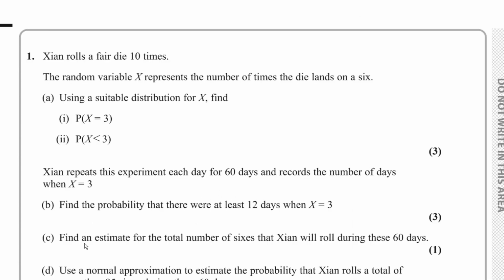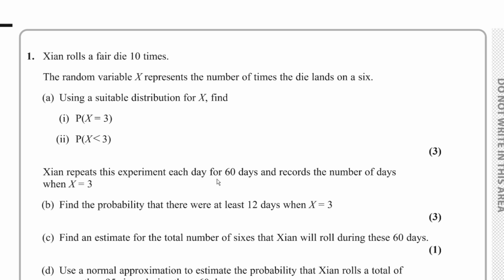Part C. Find an estimate for the total number of sixes that Zan will roll during these 60 days. Well, we roll the fair die 10 times, and we repeat this process 60 times because we repeat this experiment each day for 60 days.